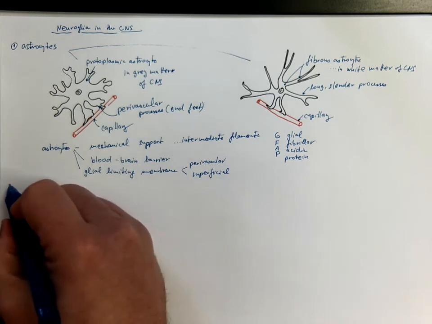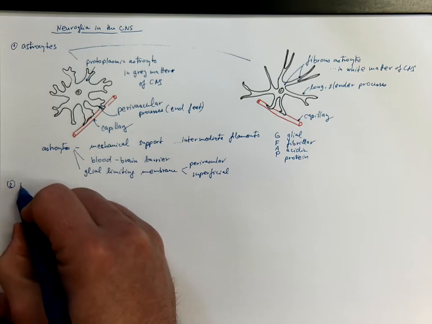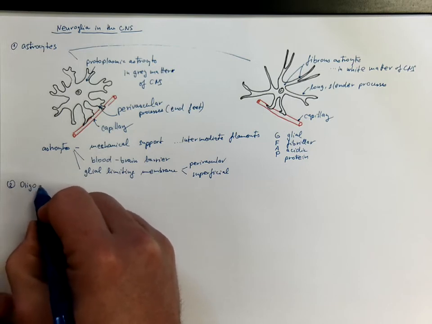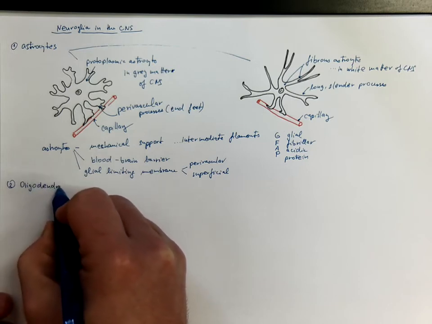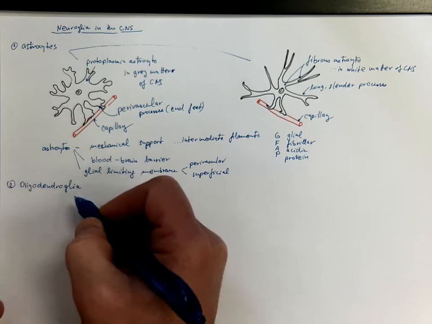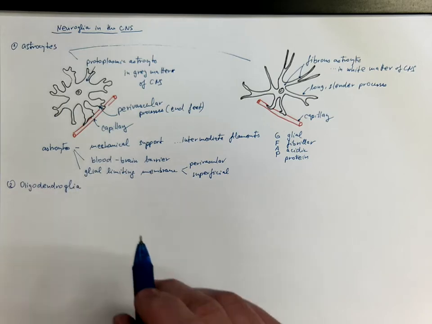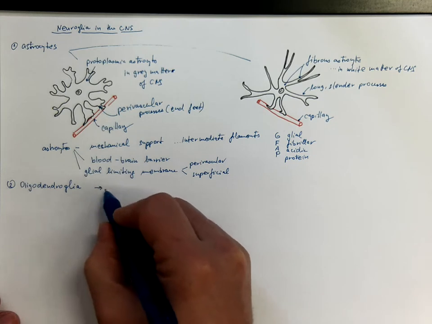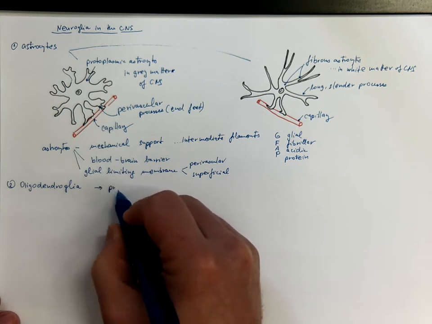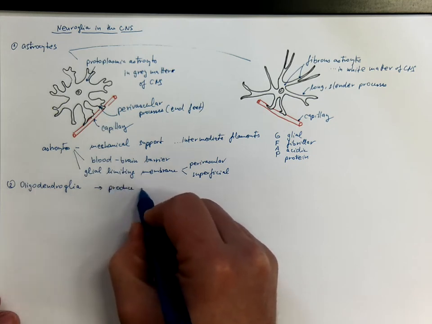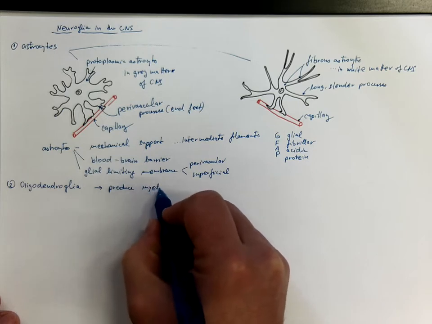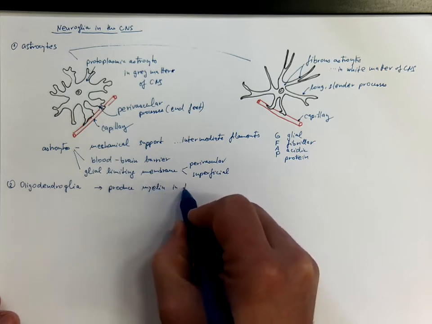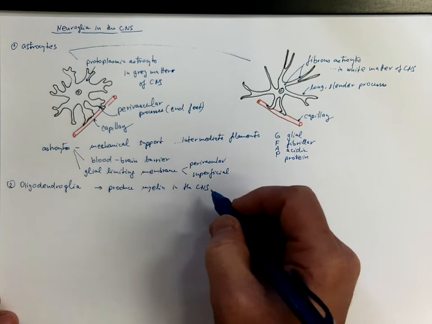The second type to be mentioned is called oligodendroglia cells. These are producers of myelin in the CNS. They produce the myelin in the central nervous system.